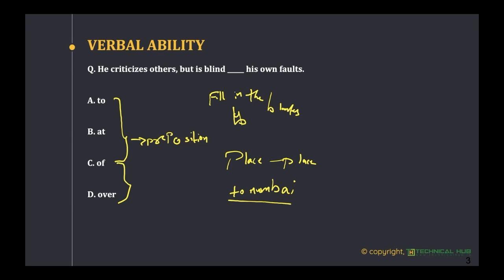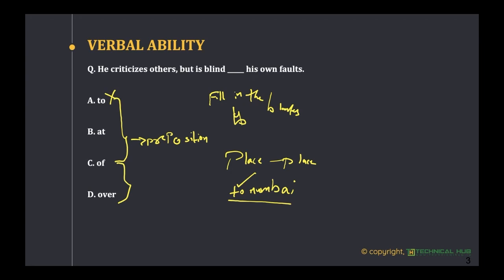So here it is not movement, which means to is the wrong answer. Now, at, see what happens. I always mock at someone's mistakes.